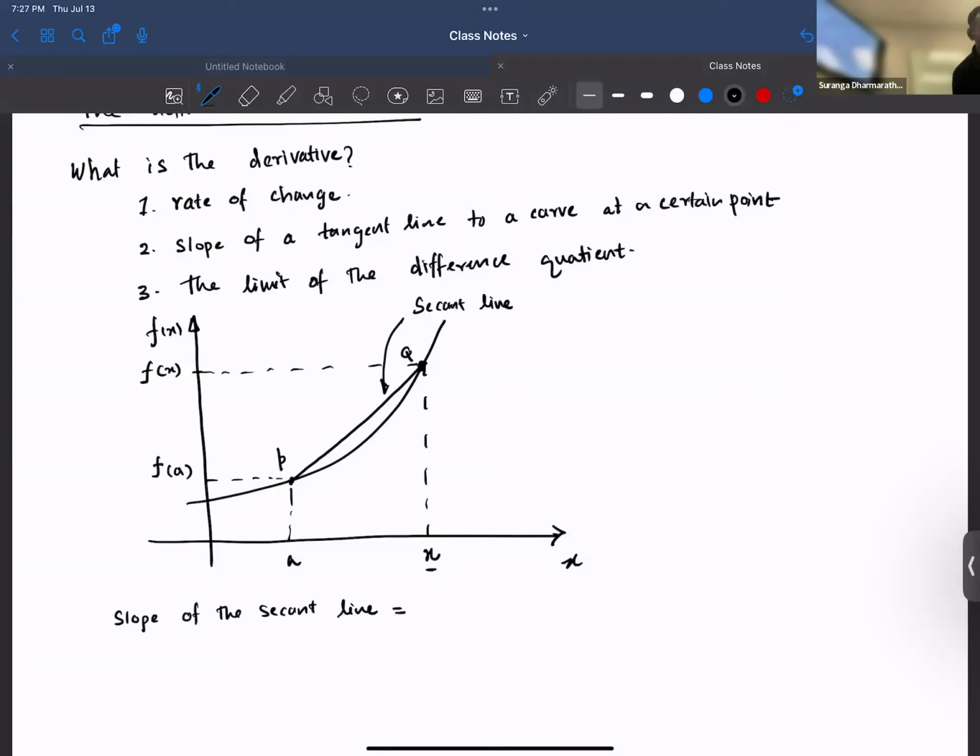What is the slope? How do I express the slope in this case? How do you find the slope of this one? What does it mean by slope? What does it mean by slope for you?